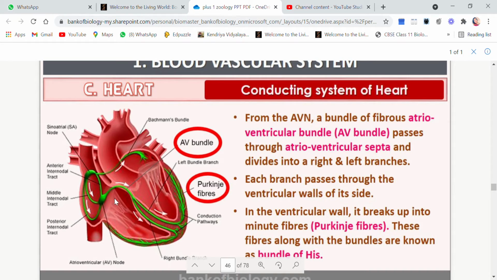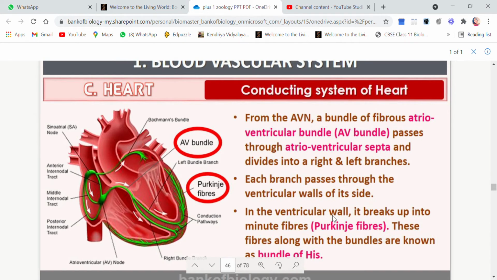So it is piercing, or passing through, the atrioventricular septum, and then it is dividing into right and left branches. You see, the green portion shown here is dividing into right and left branches, and each branch then passes through the ventricular walls of its side. So the right side is passing to the right ventricular wall, the left side is passing to the left ventricular wall.